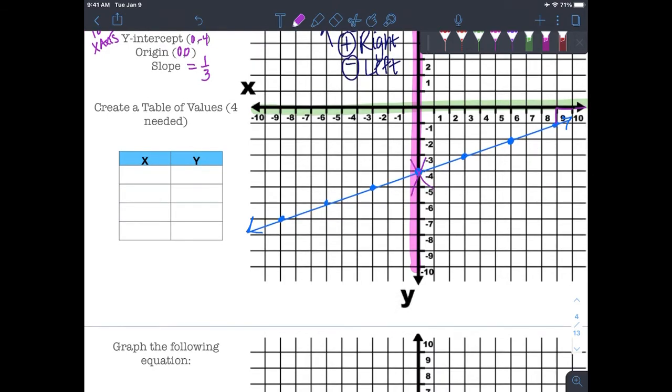So I'll start here. 0, -4. 3, -3. 6, -2.